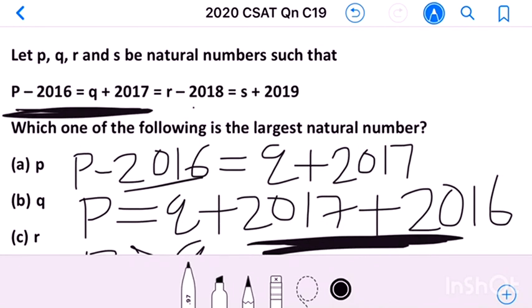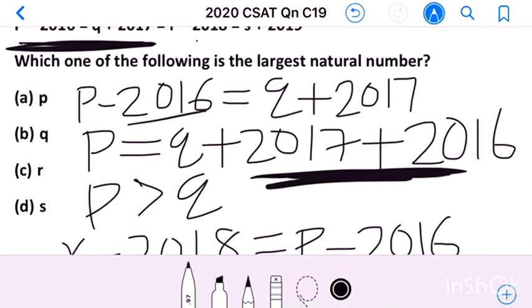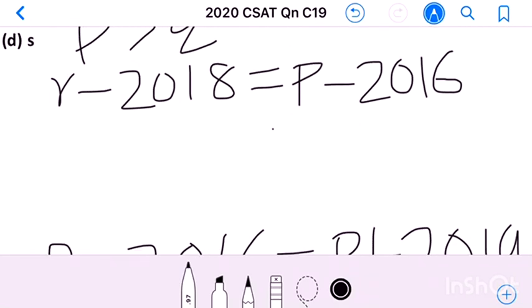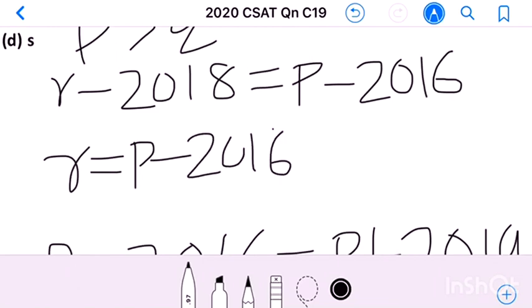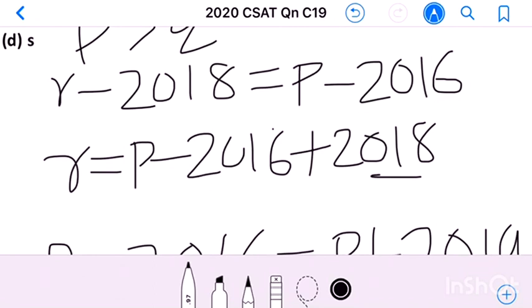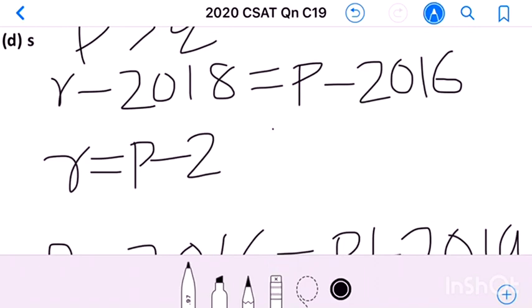Now let us consider the first and third terms. P minus 2016 equal to R minus 2018. Then R equal to P minus 2016 plus 2018. 2018 minus 2016 we get plus 2.